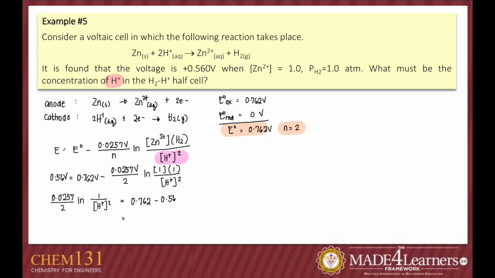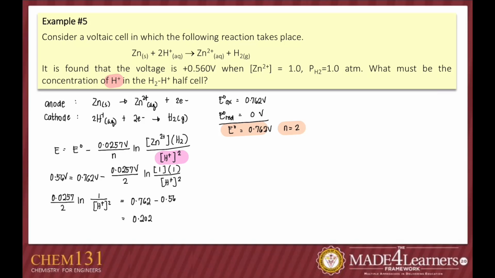So 0.762 minus 0.56 is equal to 0.202. Take note that there is no unit anymore, because I cancelled the unit on both sides.